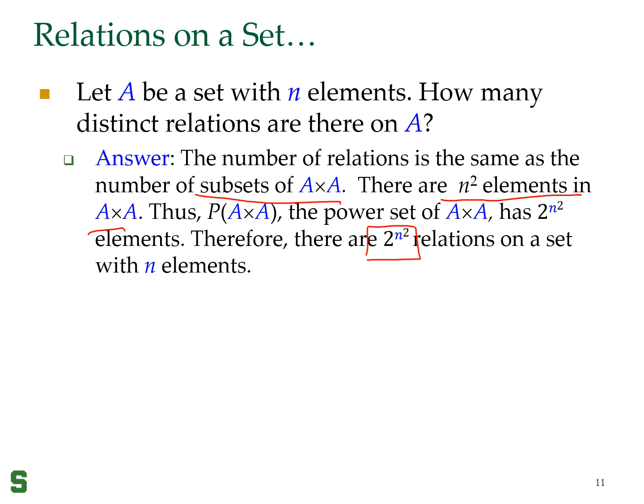So if I started with A, say, having 5 elements, that means I'm going to have 2 to the power 25 possible relations. So the number of relations that you can construct on a given set is very large. Even if A is a very small set, we have in this case millions of relations on that set.